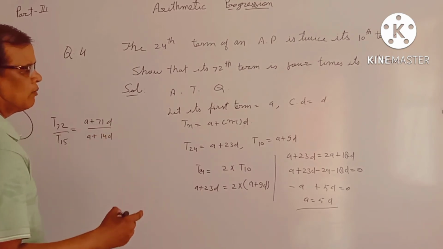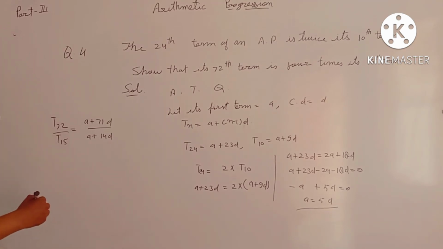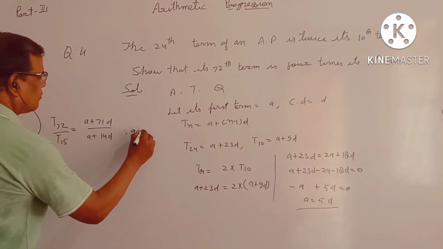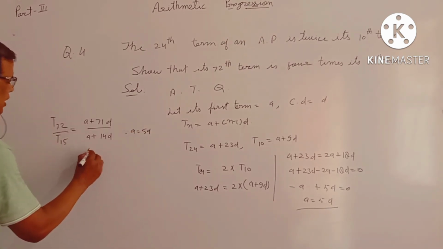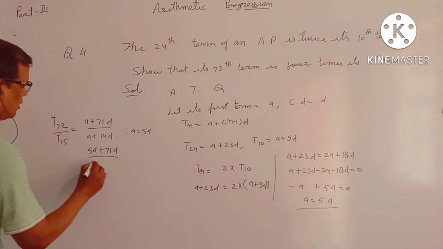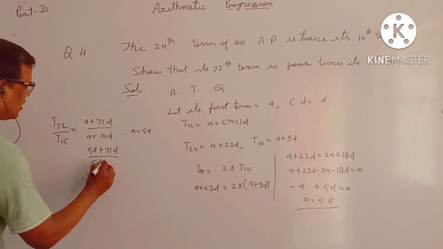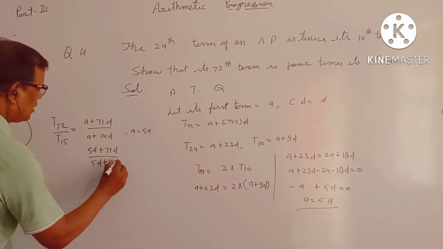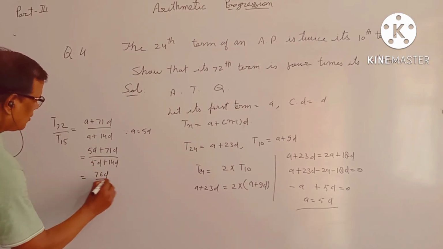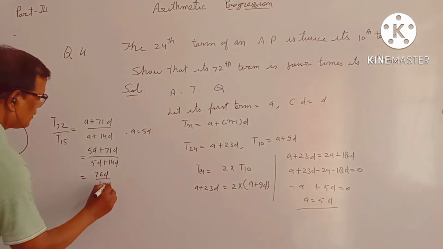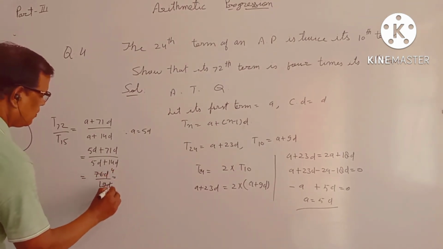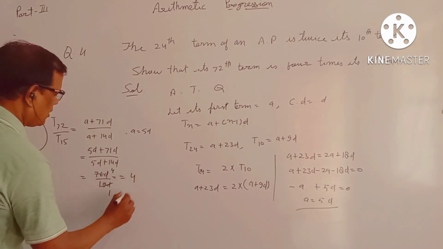As we know, the value of A is 5D, so we put it here: 5D plus 71D by 5D plus 14D, which is 76D by 19D. 19 times 4 is 76, so it will be 4 times its.